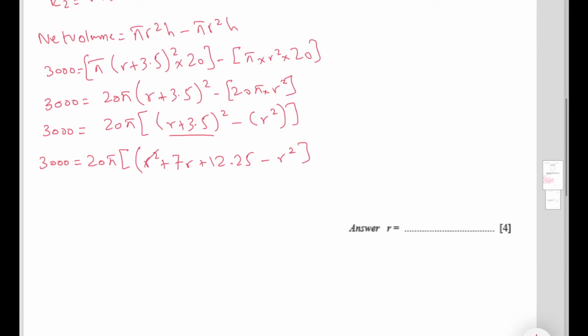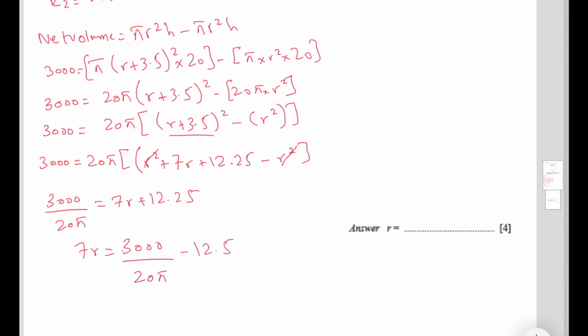Now the r squares cancel each other out. 3000 gets divided by 20 pi and this is equal to 7r plus 12.25. So 7r is equal to 3000 divided by 20 pi minus 12.25.